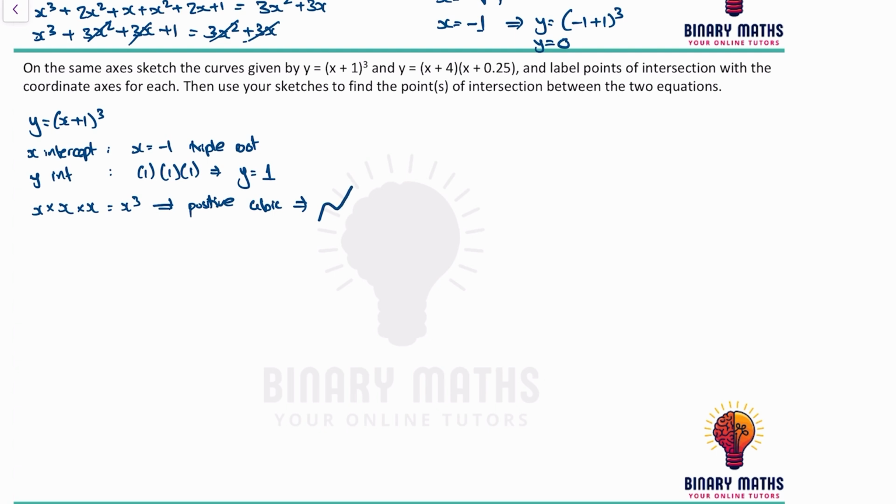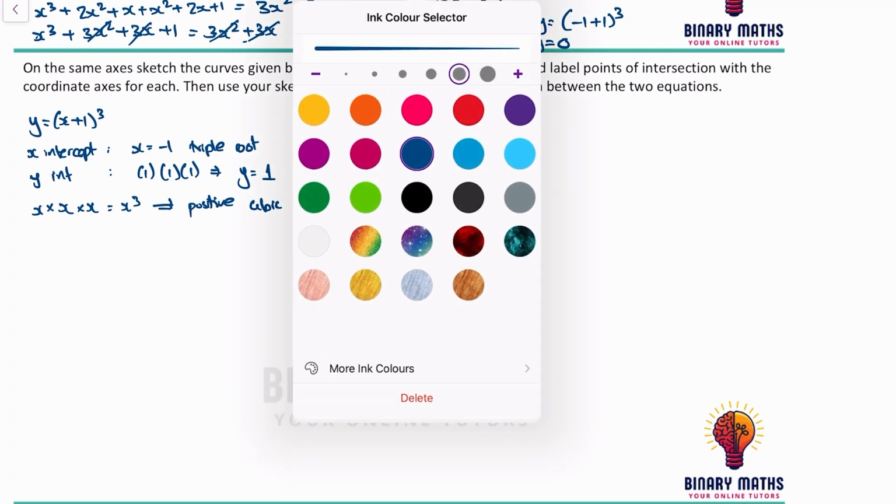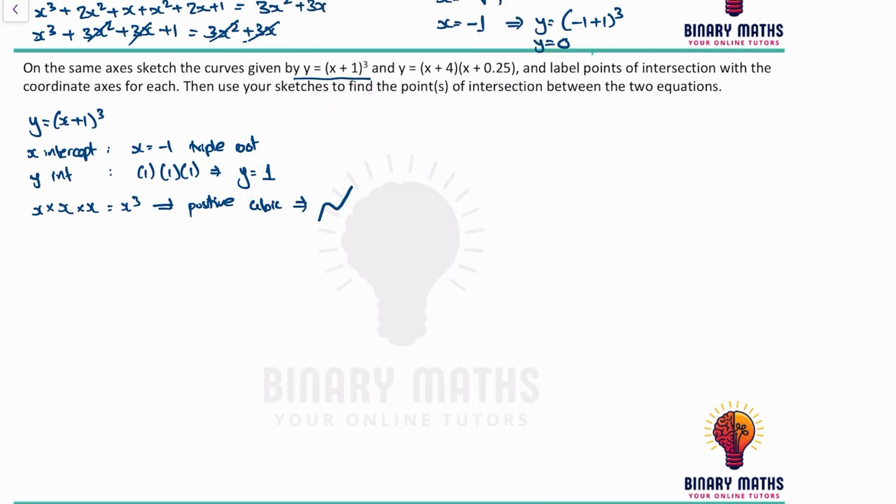Okay, so that was the first, which was a cubic graph. The second equation is a quadratic. So y is equal to x plus 4 times x plus 0.25, which is the same thing as x plus a quarter. So that means my x-intercepts for this one are x equals negative 4 and x equals negative a quarter.